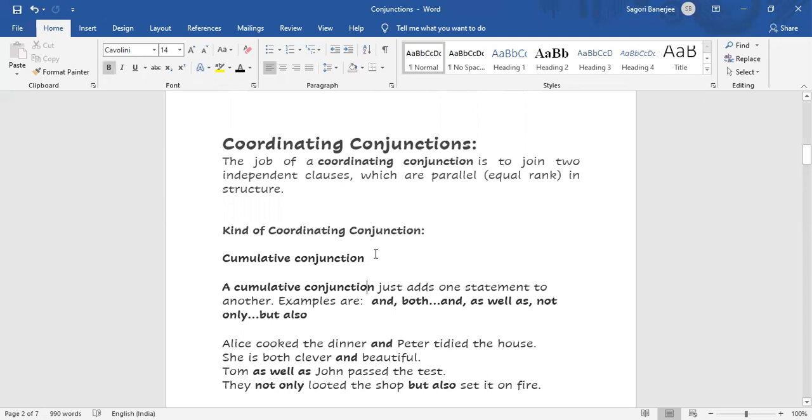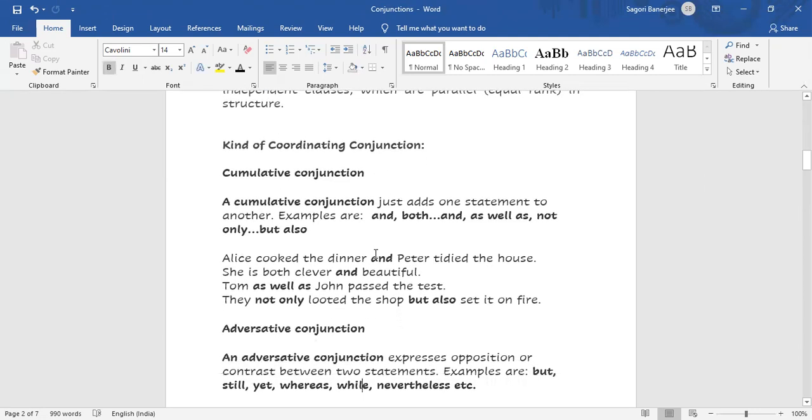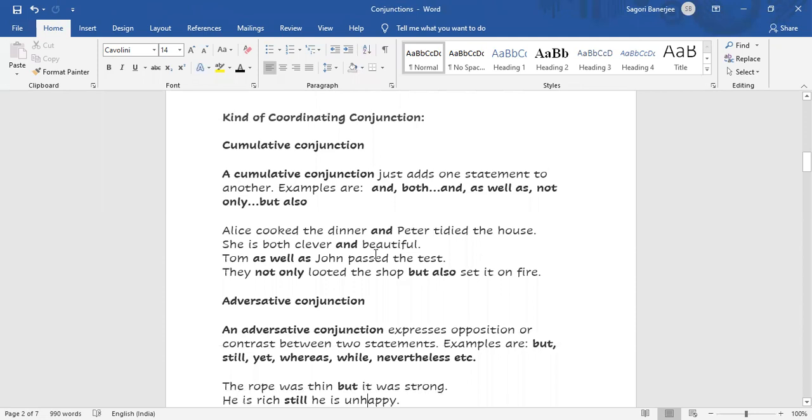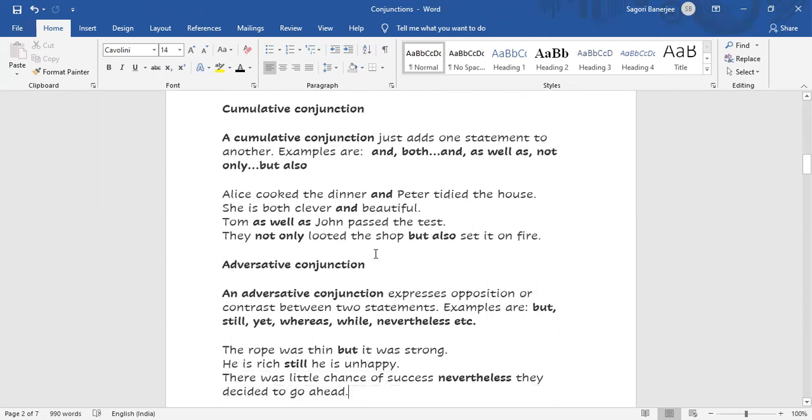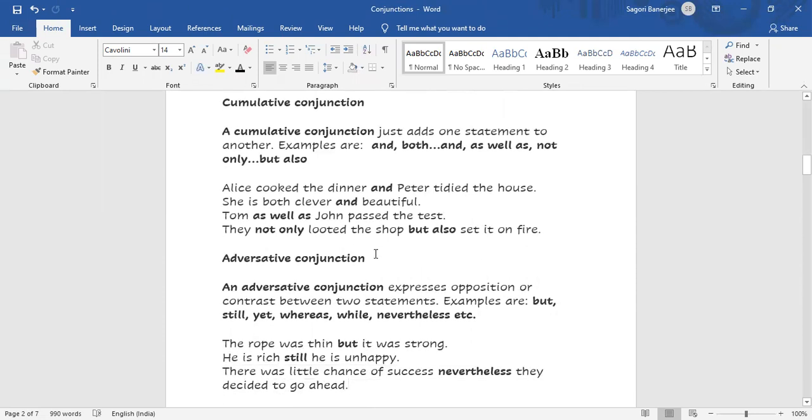Now here we have to do some more division, that is the division of coordinating conjunction. Kinds of coordinating conjunction. What are they? First we are coming with cumulative conjunction. What is this cumulative conjunction?